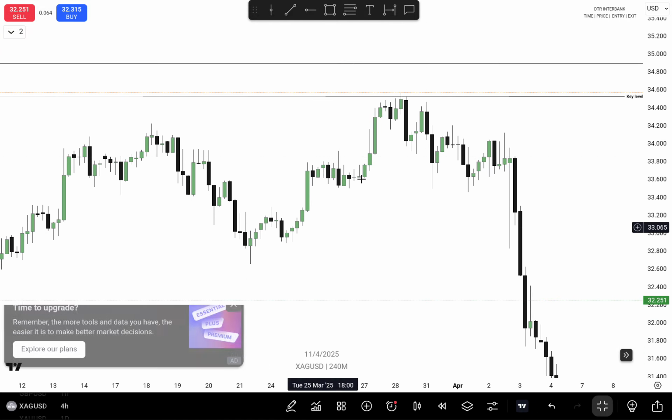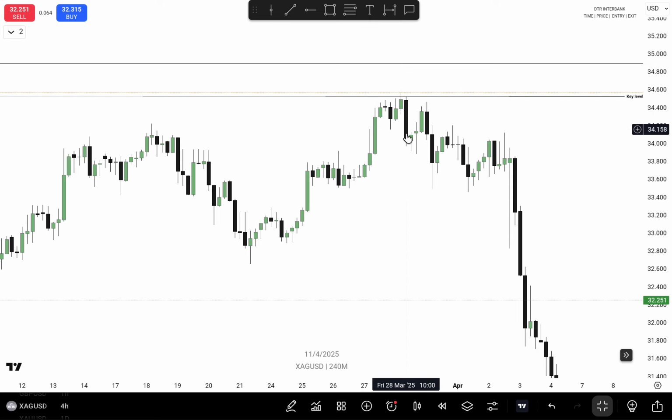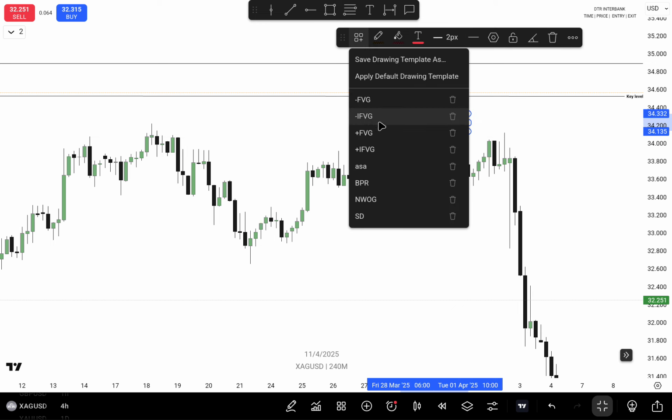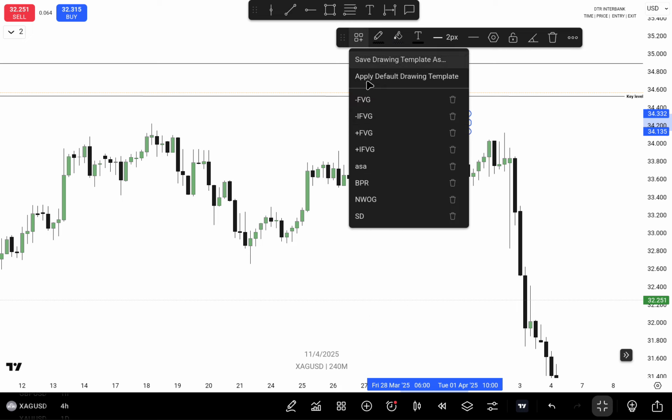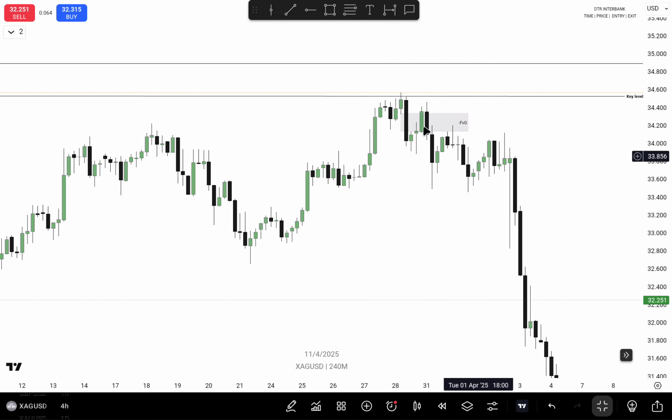When we say you want to see displacement, this is what we mean. And look at what it left. How many components do we have? We have the FVG. Sorry, the wrong one. This is minus FVG.